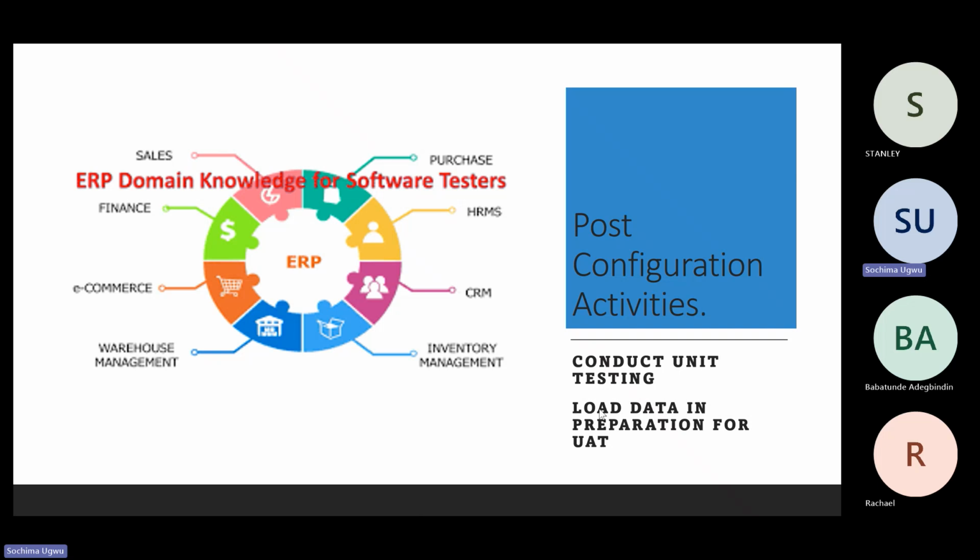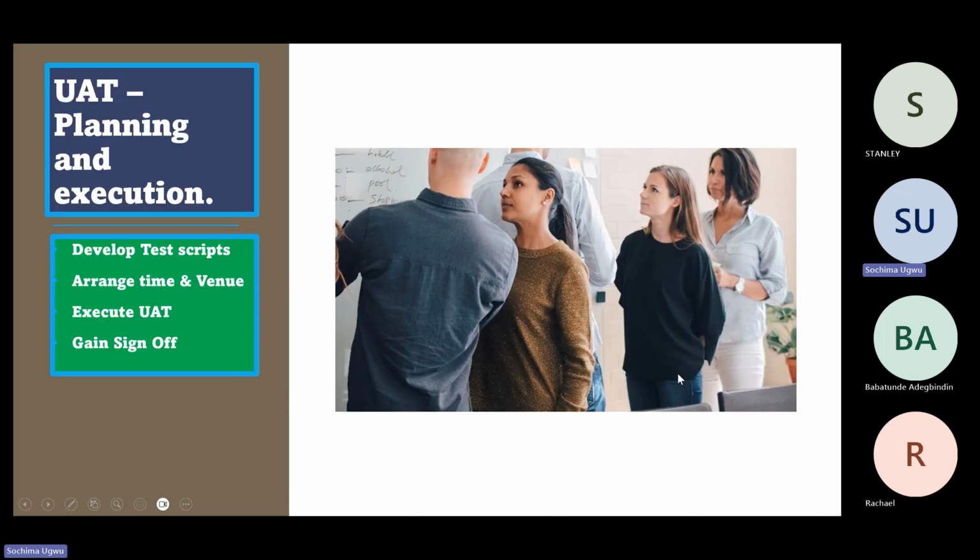So at the point when we are concluding our unit testing, the guys over there, obviously, because the system is still empty, it's now time for them to bring some data into that system to enable us to execute some level of user acceptance testing.